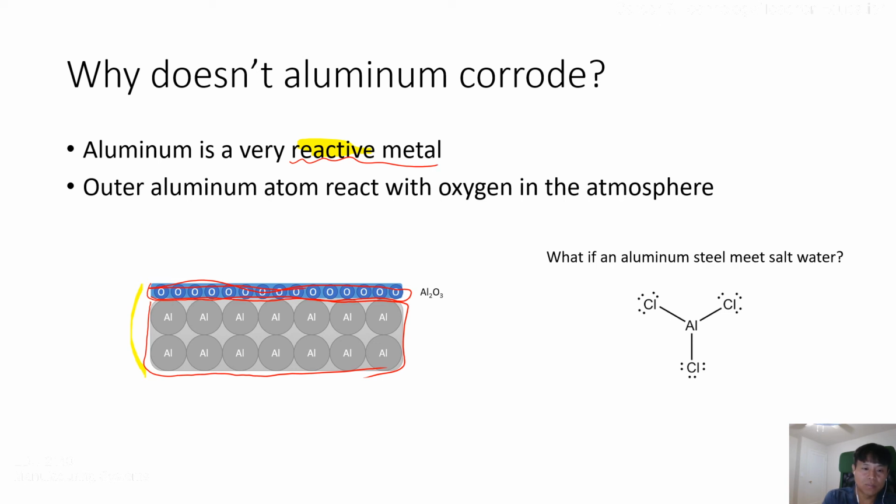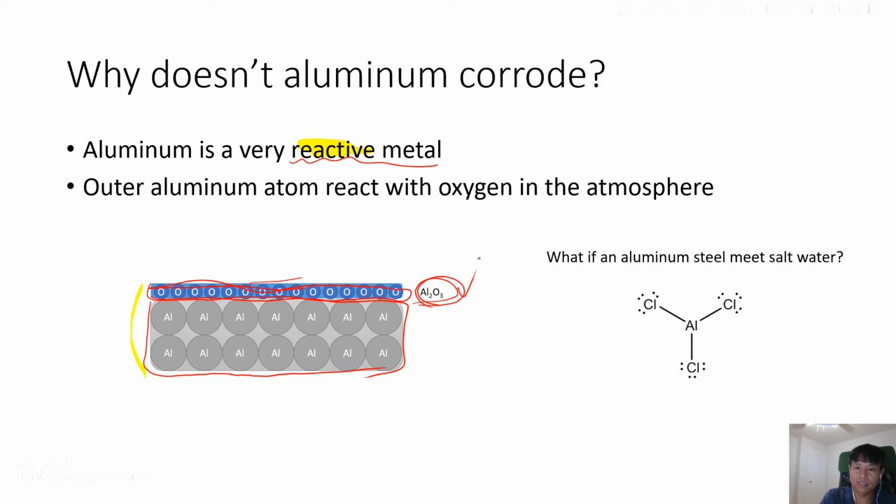When we put aluminum into the atmosphere, in natural life, it tends to combine with oxygen, and that creates a thin layer that protects the aluminum. So the aluminum is inside, and the oxygen combined with aluminum creates a layer that protects it, right? This is the principle of why aluminum doesn't corrode.